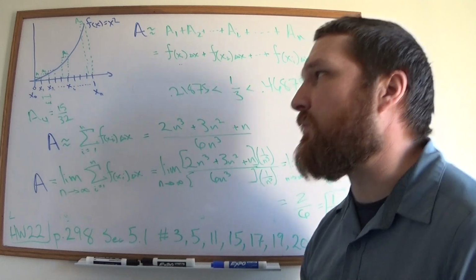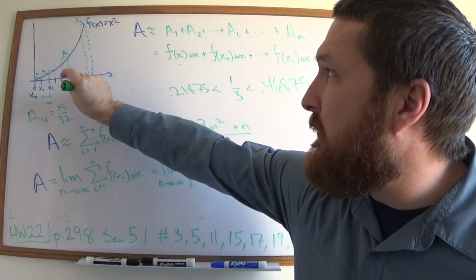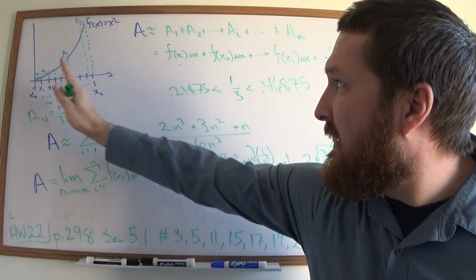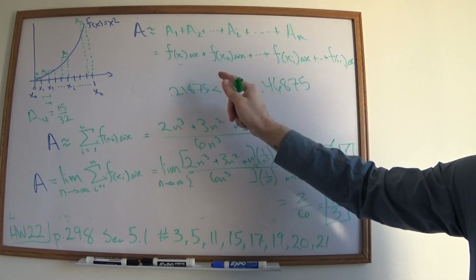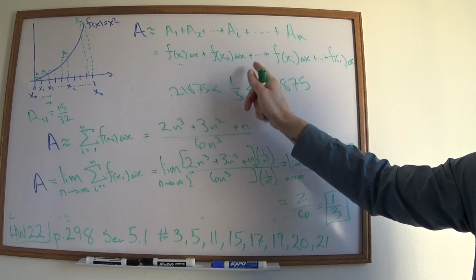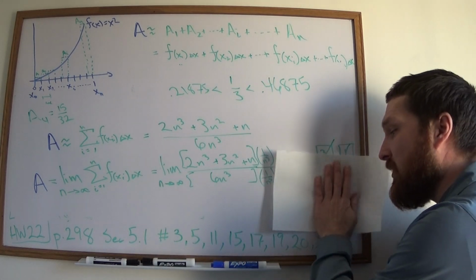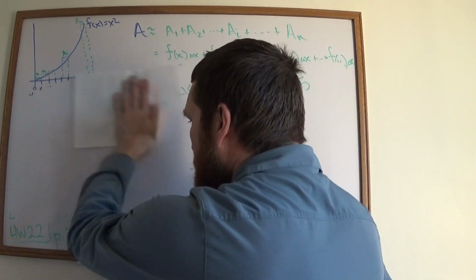The way we're going to do it is use approximating rectangles. We're going to take whatever that region is, divide it into n pieces, and compute n areas. And then, not in this homework but in the next, you're going to take a limit to find what the actual area is.